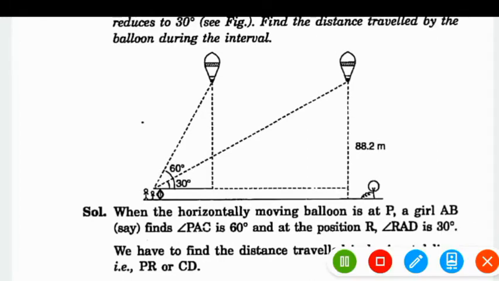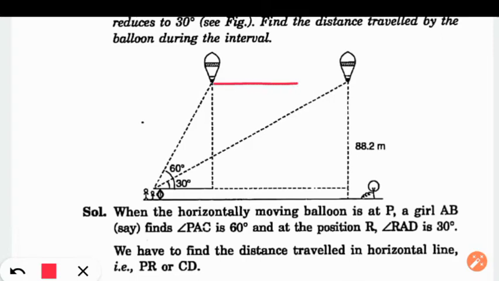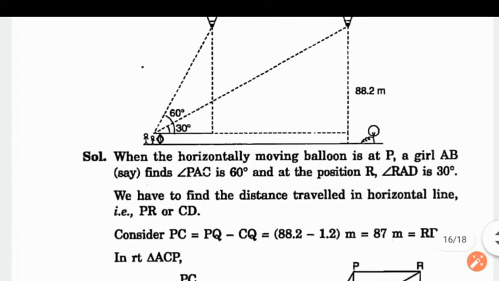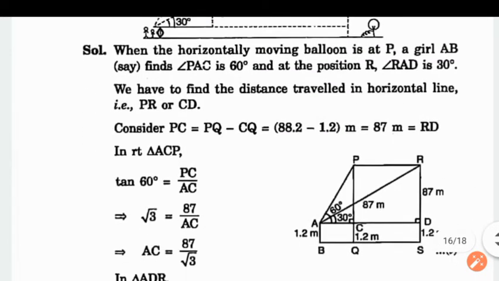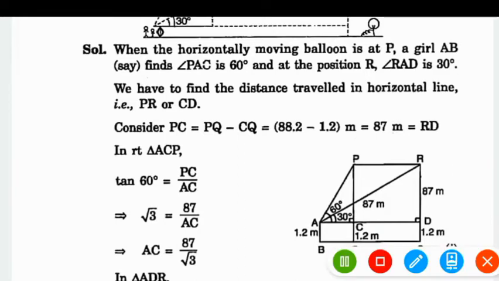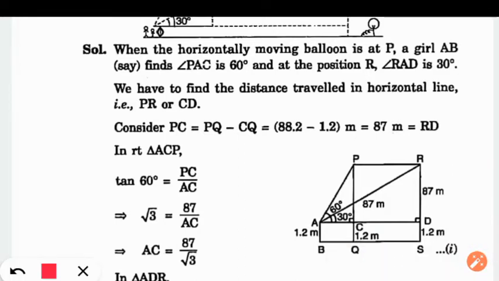It means this distance, right? This distance we are required to find. So, see, here we have this figure. AB is representing a girl. When the horizontally moving balloon is at P, here point P is representing the position of the balloon initially.